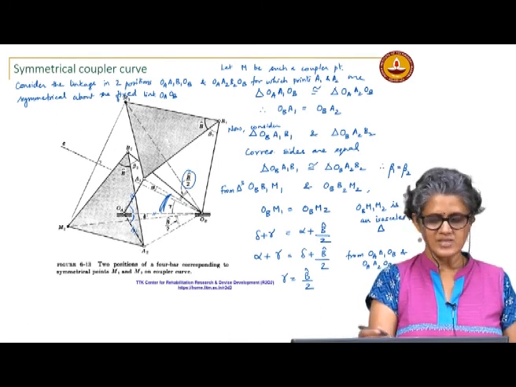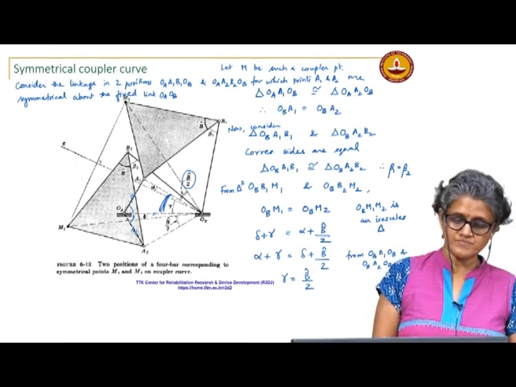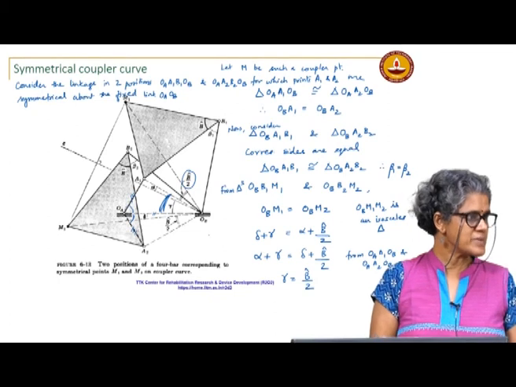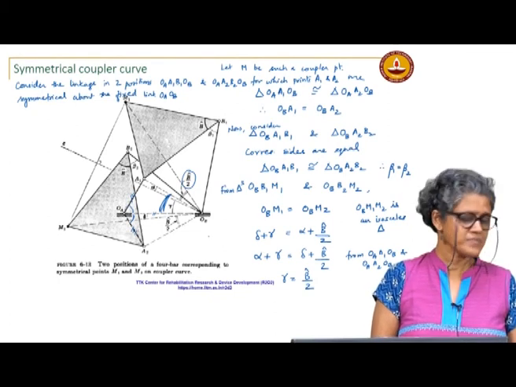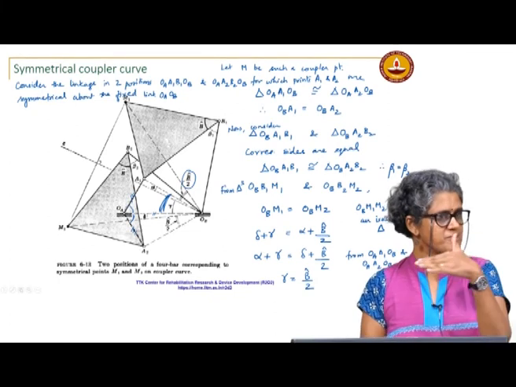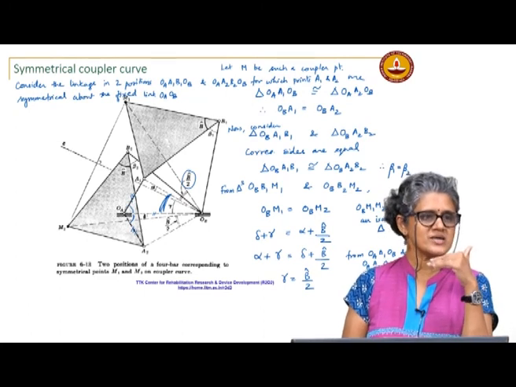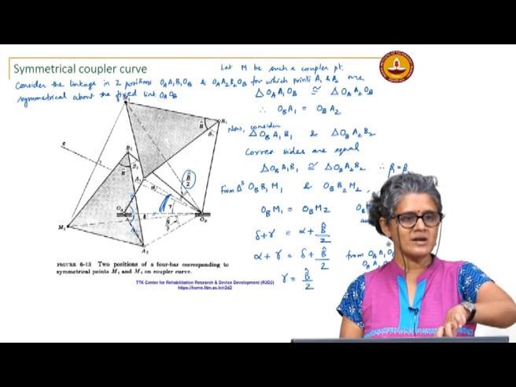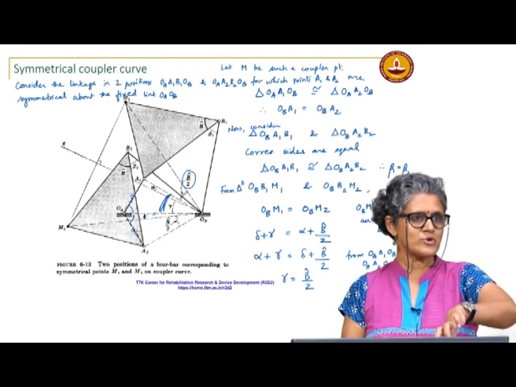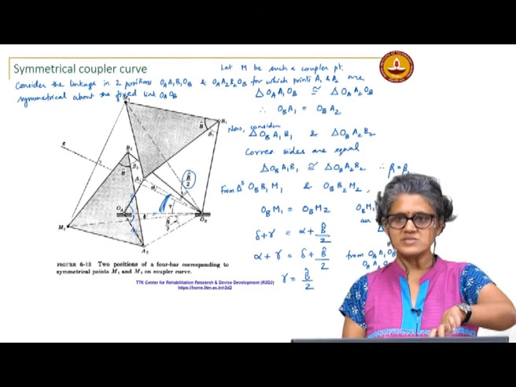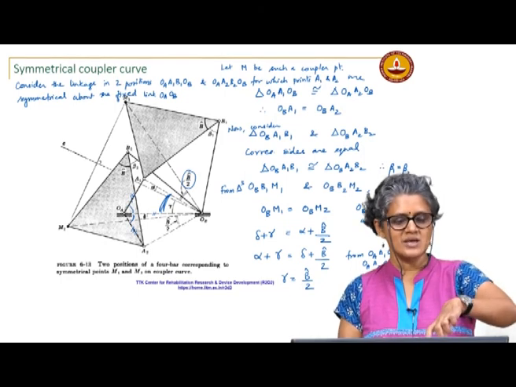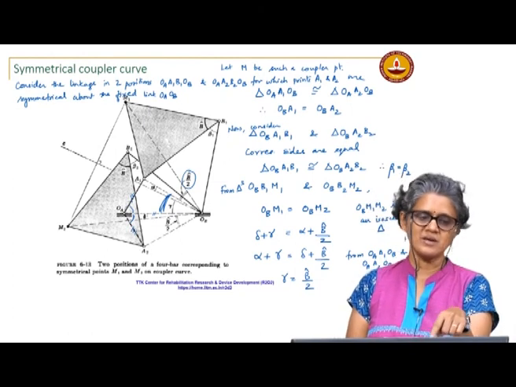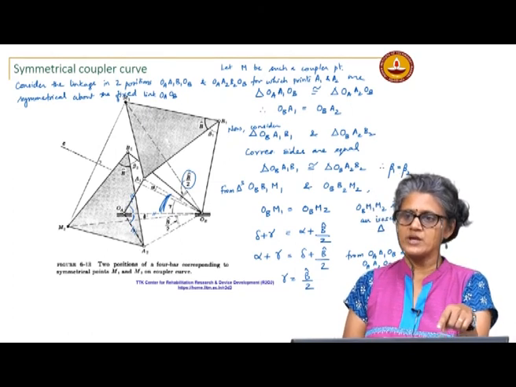Therefore, the angle that this perpendicular bisector makes with the frame does not change, which implies that M1 and M2 will always be equidistant from this. So C becomes the line of symmetry for this coupler point M.